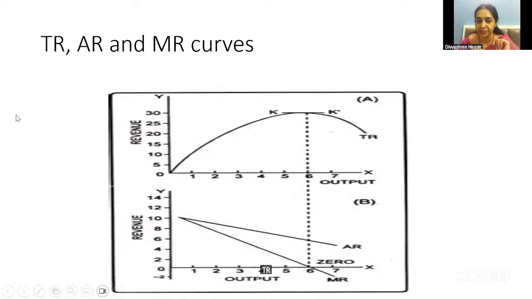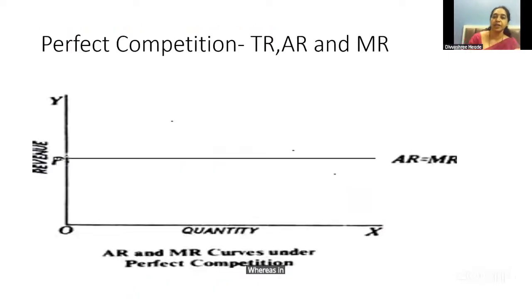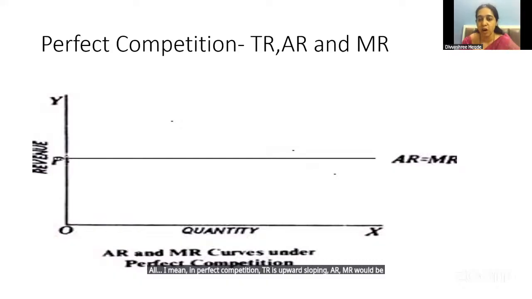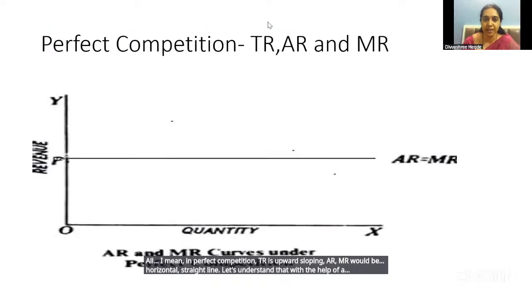Clear? Whereas in perfect competition, TR is upward sloping, and AR and MR would be a horizontal straight line. Let's understand that with the help of a table.